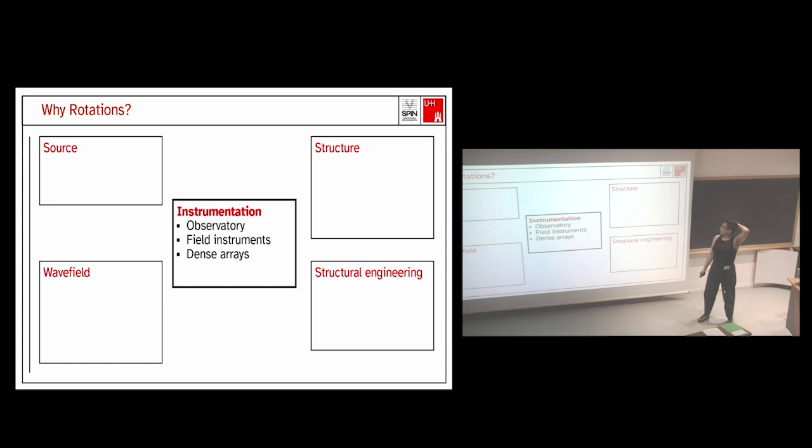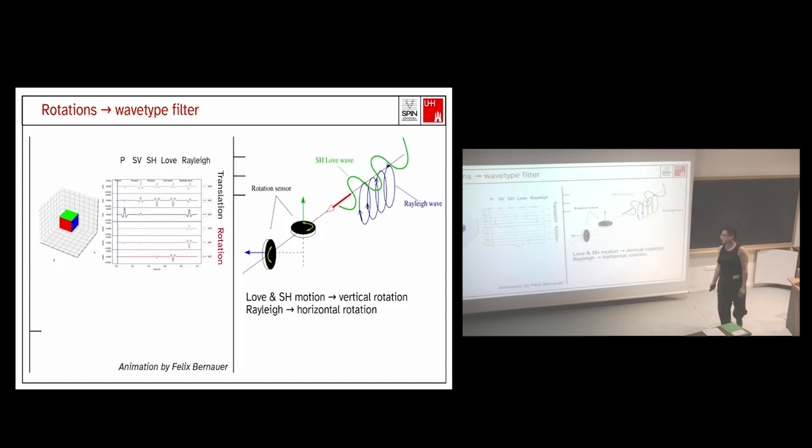All right, I'll start with what we can find out about the wave field itself. One of the nice properties of these rotations is that it works as a wave-type filter. That's nicely illustrated in this animation by Felix Bernauer, where you have the three components of translation for P wave, SV, etc., and then three components of rotation.